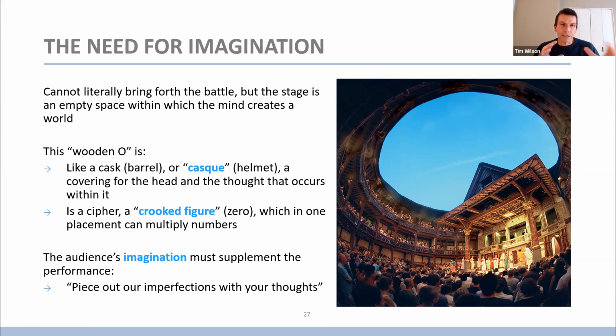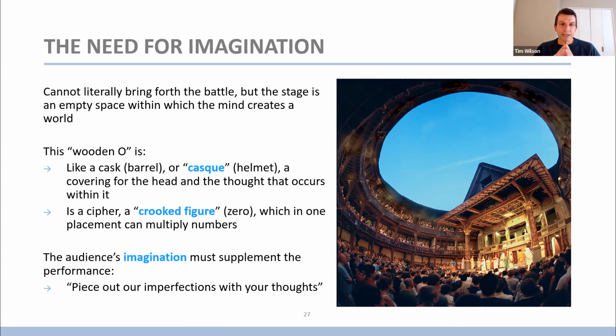A couple of other things that are connected with the wooden O in the speech: it's like a cask, a barrel, like a cask of ale, let's say. And we have that homophony with casque, or helmet. So casque is the word used there for helmet. Can it bring forth the casques that did affright the air in Agincourt, but can it also bring forth these barrels?